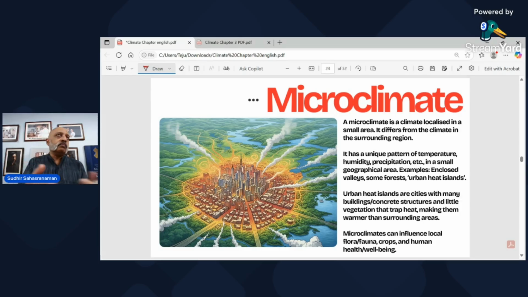My daughter Teju studied in an engineering college which is about 25 kilometers from Chennai. It was spread over a large area, which at one time I assume was a bit of a forest area, with a lot of greenery.